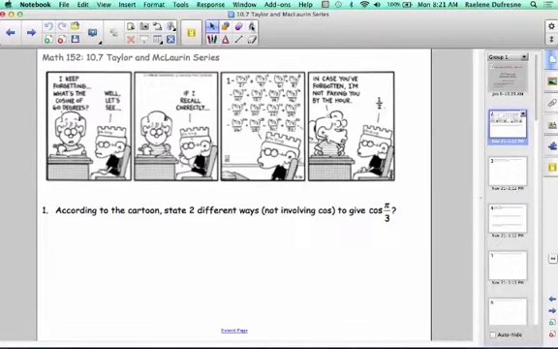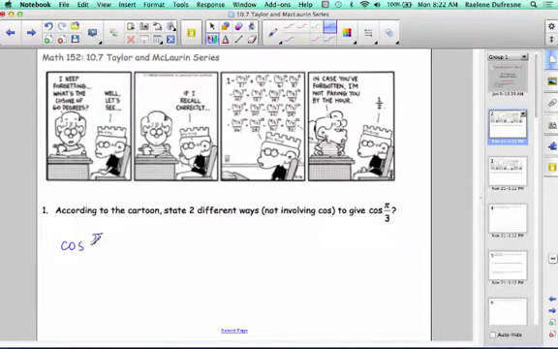Well, we know simply the cosine of pi/3 is 1/2. But there's another representation given.